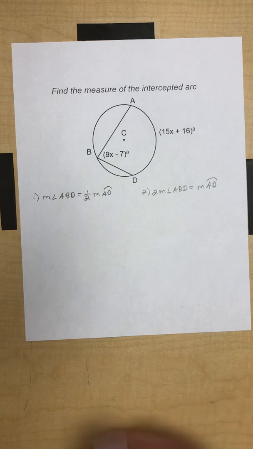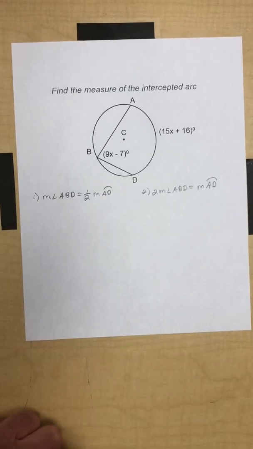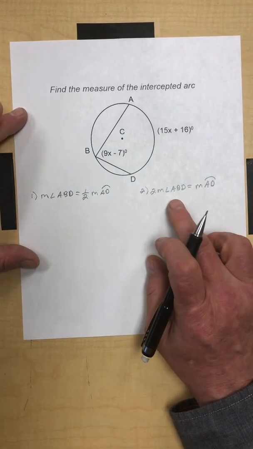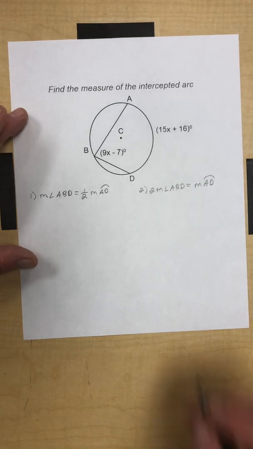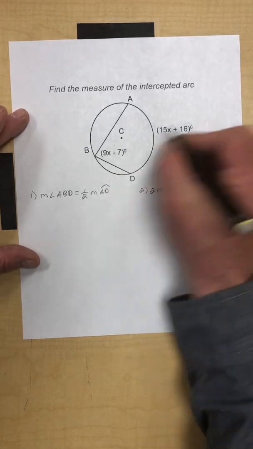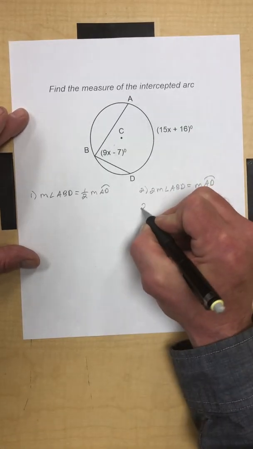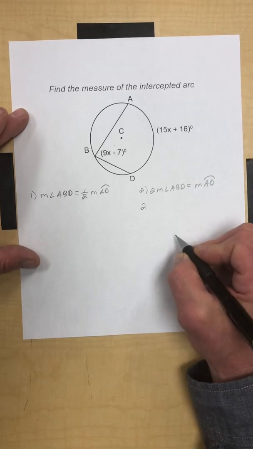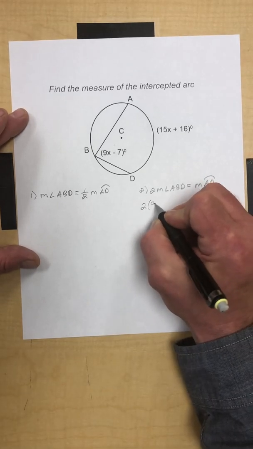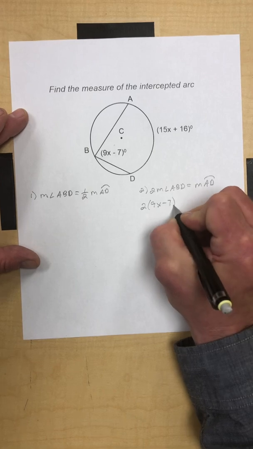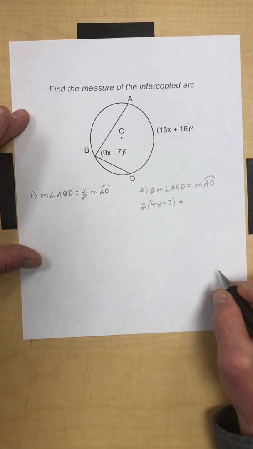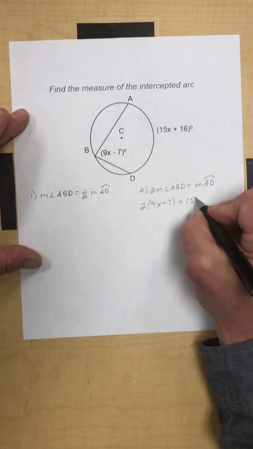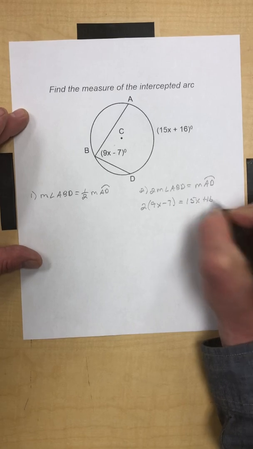If I had to guess, I'd say most of you are going to want to do it this way, and that's fine. So we substitute what we know in there. 2 times the measure of the inscribed angle, so 2 times 9x minus 7 is equal to the measure of the intercepted arc, which is 15x plus 16.